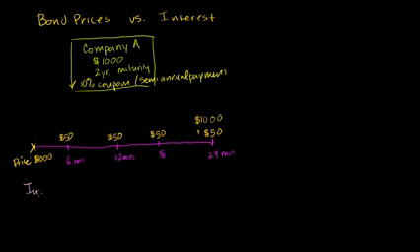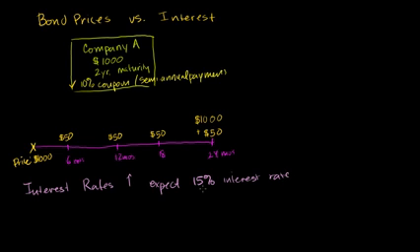So let's say that interest rates go up. And let's say they go up in such a way that now, for this type of company, for this type of risk, you could go out in the market and get a 15% coupon. So let's say for this type of risk, you would now expect a 15% interest rate.